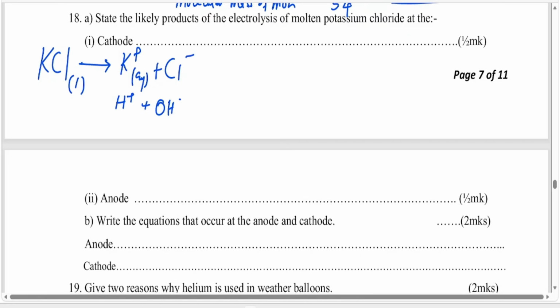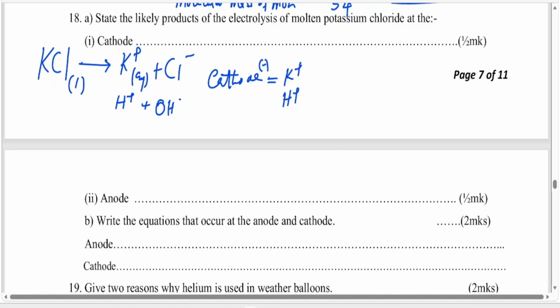So when I look at what is going to move to the cathode, I expect the positives to move to the cathode, and the positives include potassium ion and hydrogen ion. For the electrolysis of molten substances, it will be hard for us to discharge hydrogen because discharge of hydrogen will require a lot of energy as compared to potassium.